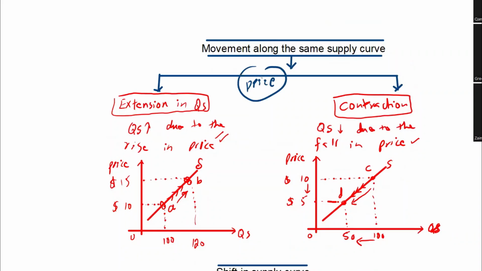If price changes, it causes movement along the same supply curve, which means we move on the same line from one point to another point. If the movement is upward, it is called extension, and it is caused by an increase in price. And if we move downward along the same supply curve, that is called contraction, and it is caused by a fall in price, where quantity supplied also decreases.